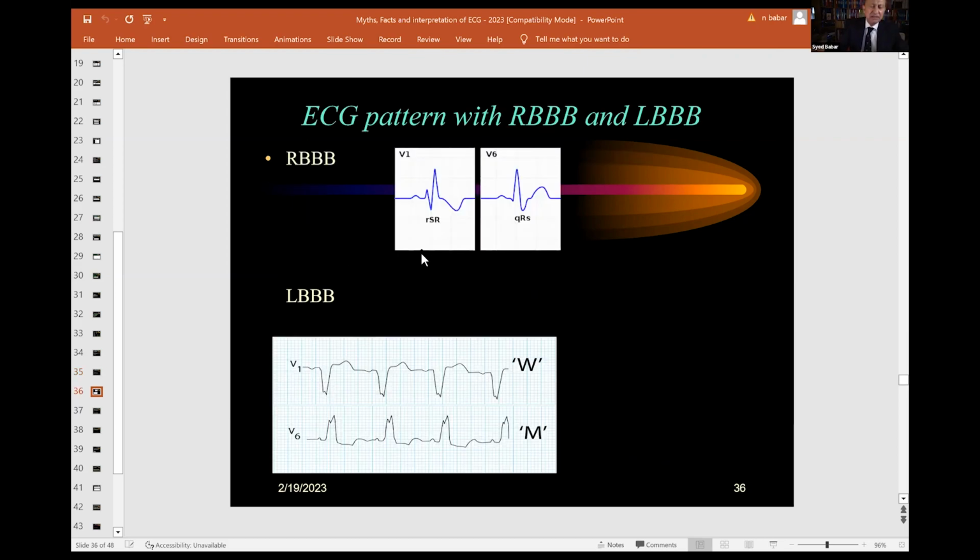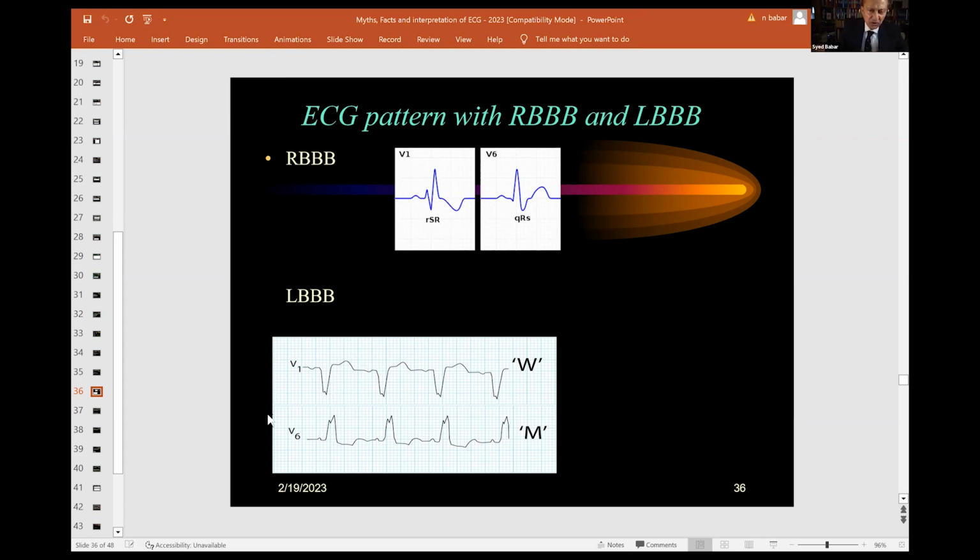So just these two patterns: right bundle branch block is RSR in V1. And you notice that the QRS is slightly broad with an upslope of the T wave. So the basic diagnosis of right bundle branch block in V1 is RSR.